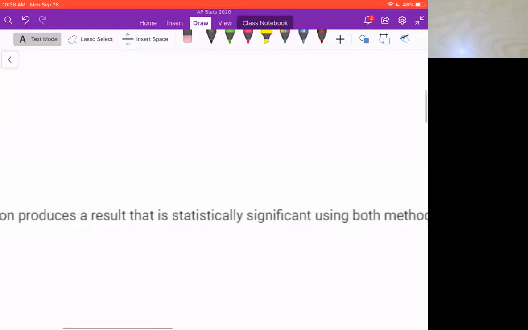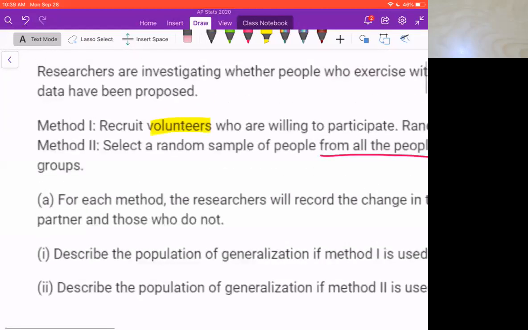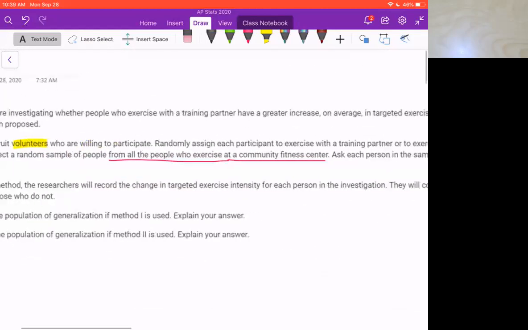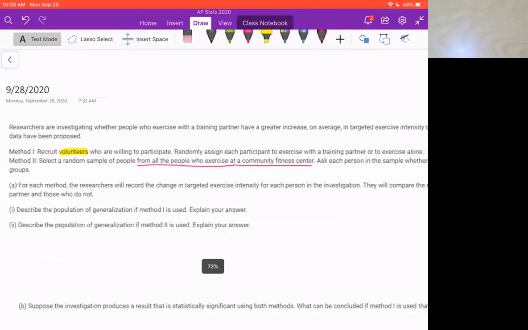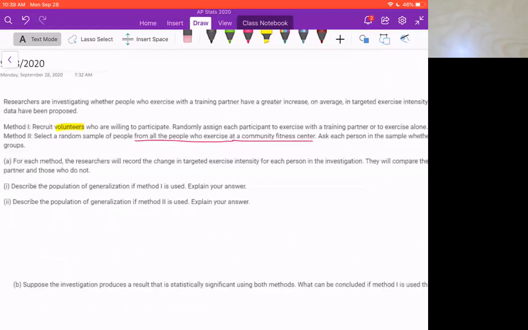So now we're looking at our conclusions. So method 1, volunteers. Method 2, a random sample. But if we keep reading, these volunteers were randomly assigned. And method 2, the random sample, was just, they were asked whether they like to exercise with a partner or whether they tend to exercise alone.